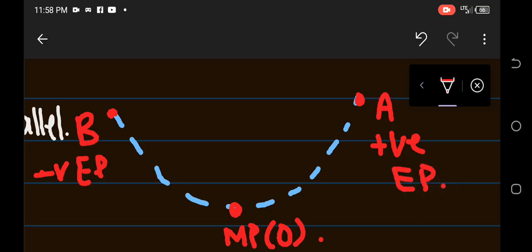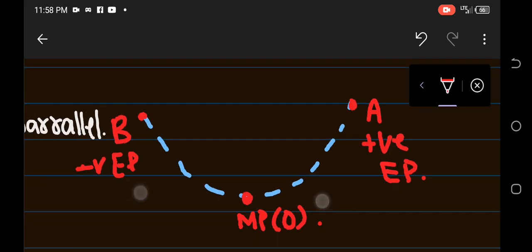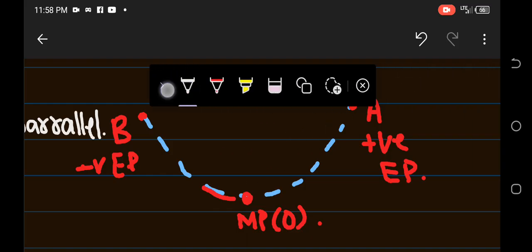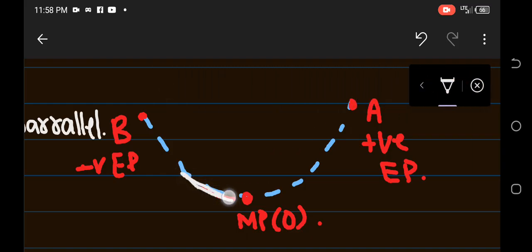Now if I want to show the displacement, we know the displacement is basically away from the mean position, so this would be the direction of displacement.